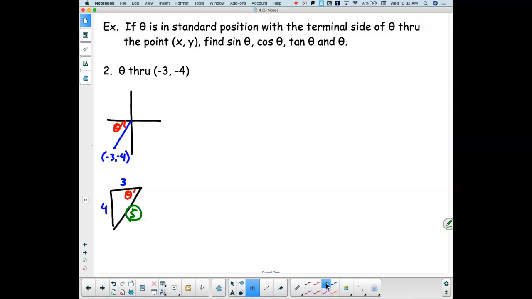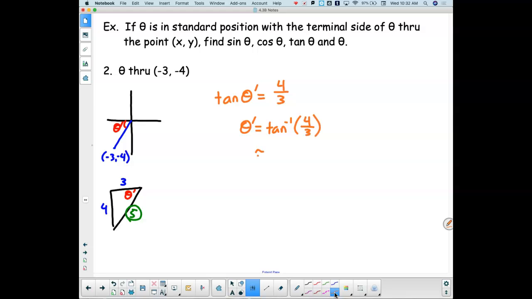All right? So then we would say here that the tangent of theta prime is equal to 4 over 3, which means then that theta prime would be the inverse tangent of 4/3.